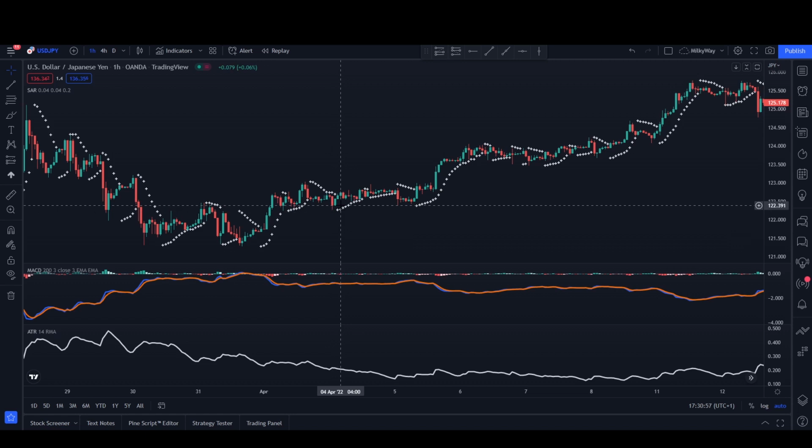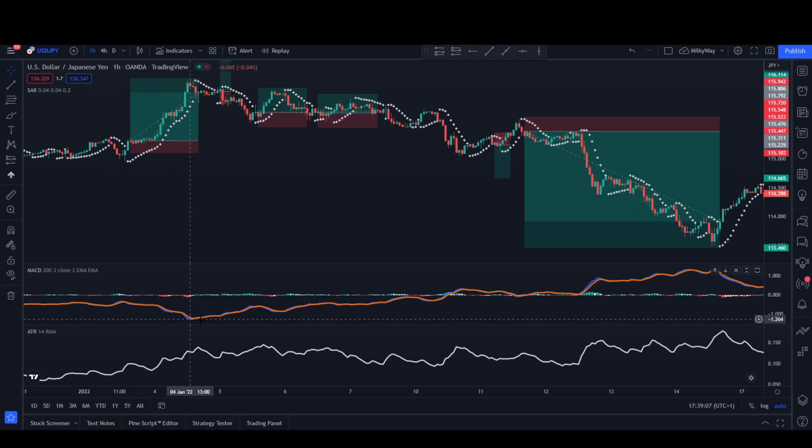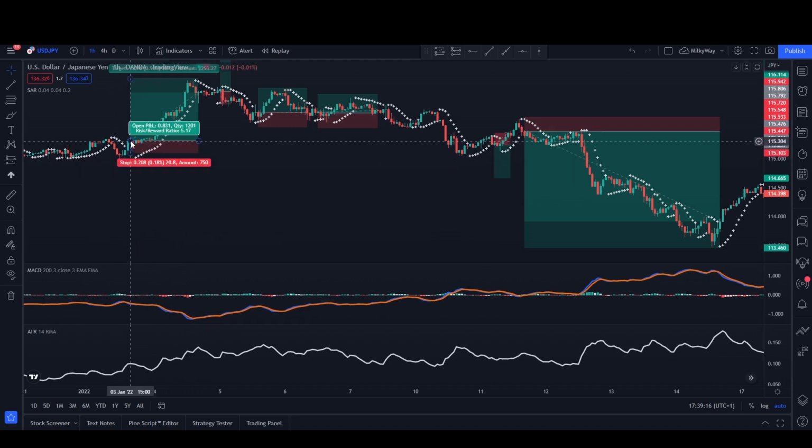So I'll show you a few examples and then we'll dive straight into the backtest. So here you've got a negative MACD. The parabolic SAR cross is formed, and so we go long. The ATR has a value of 0.1, so we've got a 0.2, a 20 pip stop loss, and we ride it until the price comes back to 1R. Essentially, it reached a maximum of 1 to 4, 1 to 5 risk reward ratio.